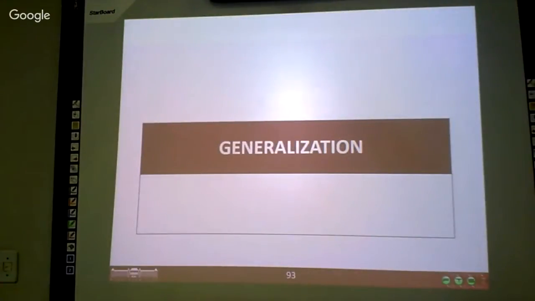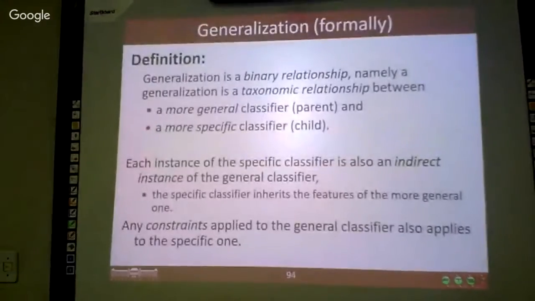I mentioned generalization so many times, so we will now formally define it. Generalization is a binary relationship. Namely, a generalization is a taxonomic relationship between a more general classifier, that is the parent, and a more specific classifier.